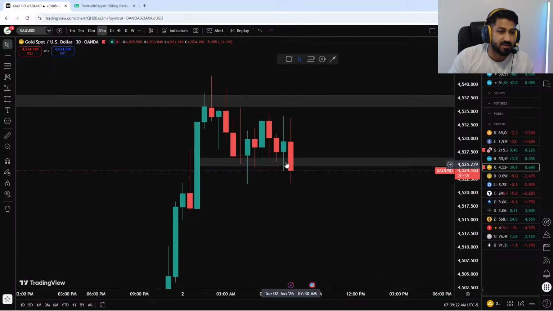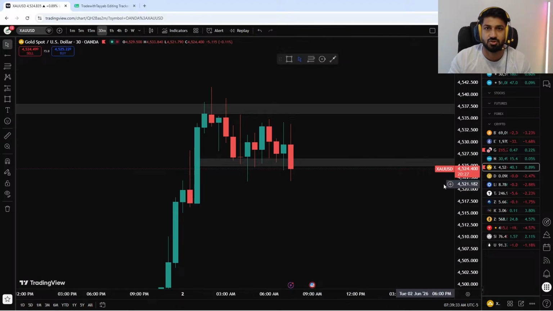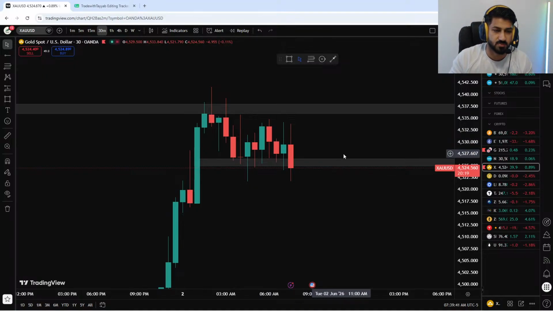So the last few hours, the price has been in this consolidation, this sideways chop. You don't want to trade when price is within that area because the price is going to be moving unexpectedly.